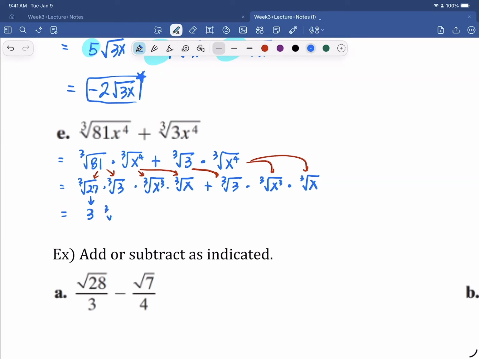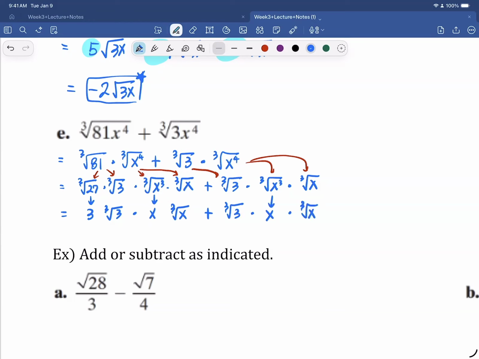And then third root of 3, and then times 3. Oh, this is x. This is x, and then third root of x. And then this one is just that. And then this one is just x. And then that one is this.